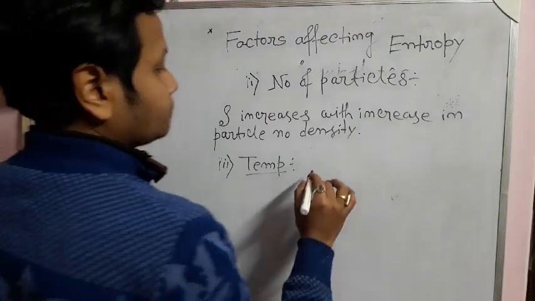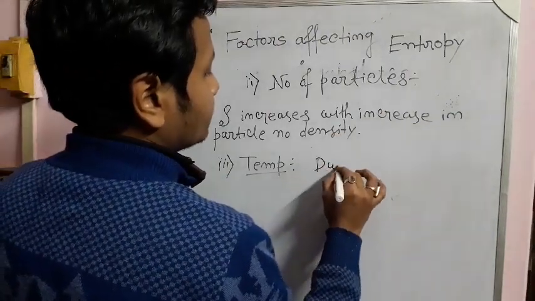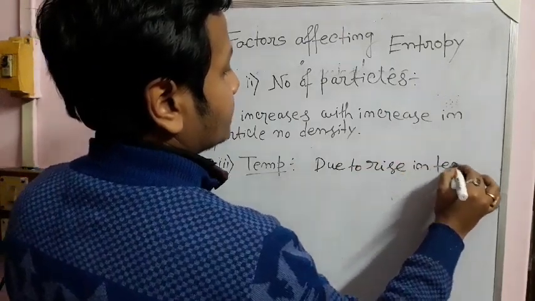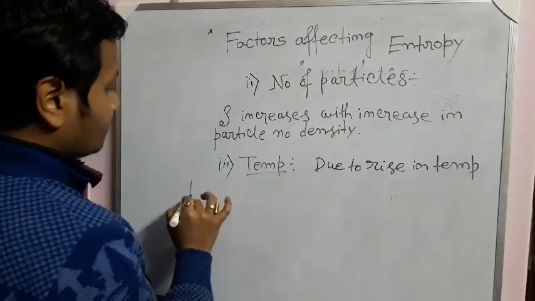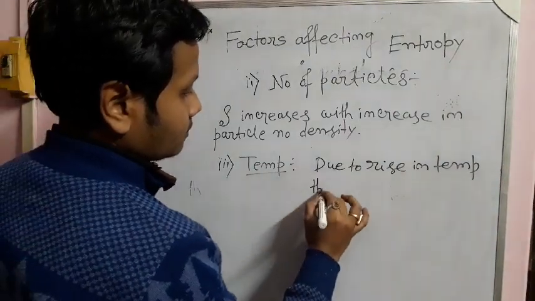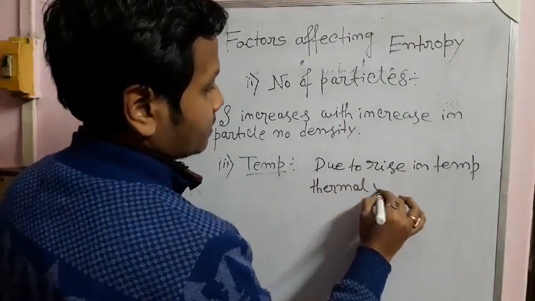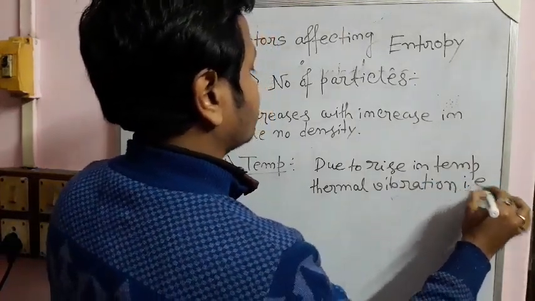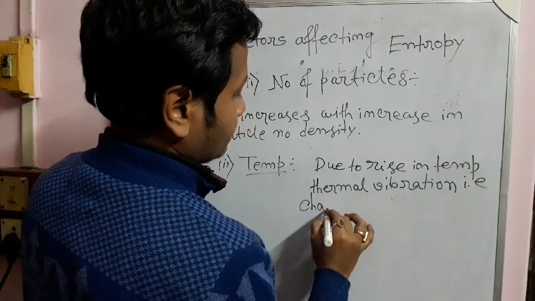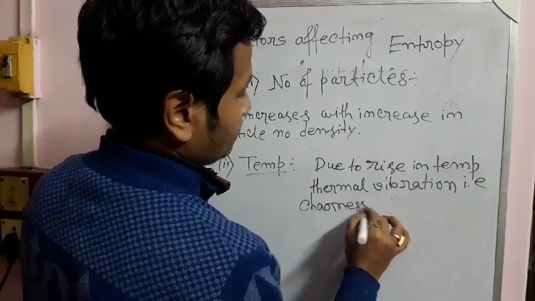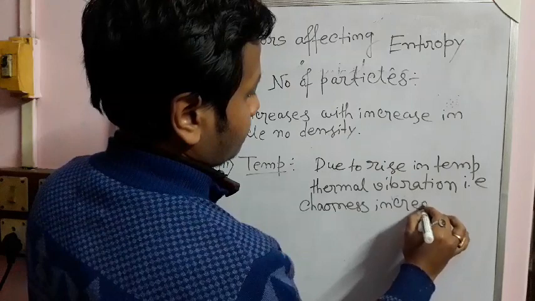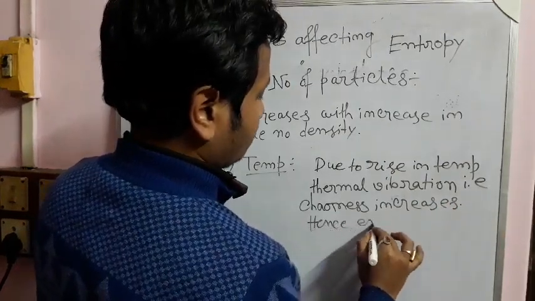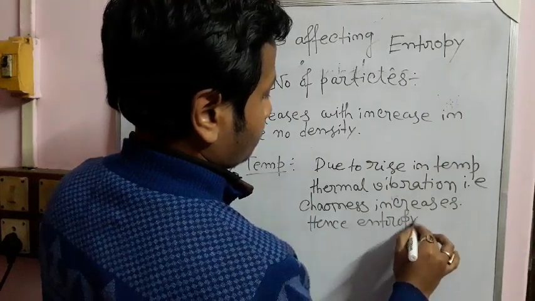Due to rise in temperature, thermal vibration, that is chaosness, increases, hence entropy increases.